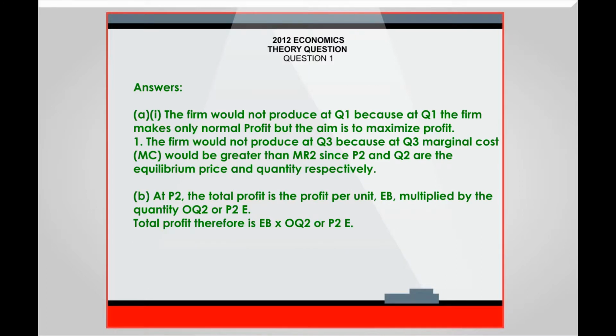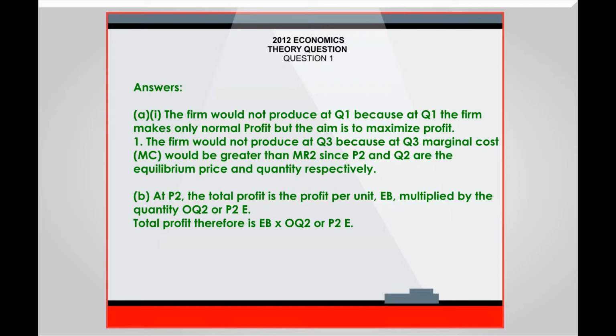Answer. The firm would not produce at Q1 because at Q1 the firm makes only normal profit, but the aim is to maximize profit. The firm would not produce at Q3 because at Q3 marginal cost MC would be greater than MR2, since P2 and Q2 are the equilibrium price and quantity respectively.